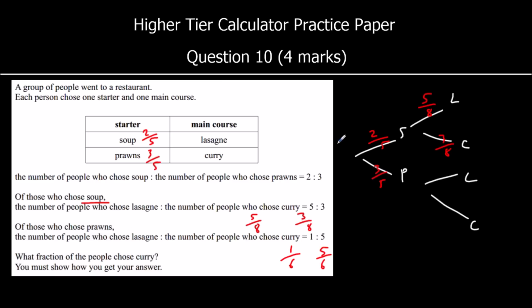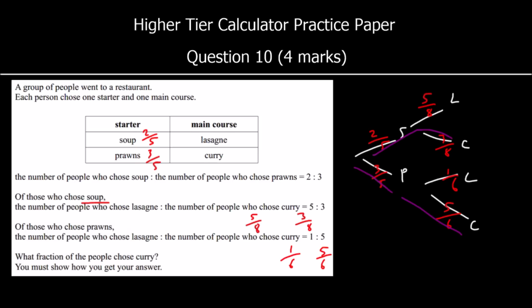Of those that chose prawns, 1/6 lasagna, 5/6 curry. So the curry in total is soup curry plus prawns curry.